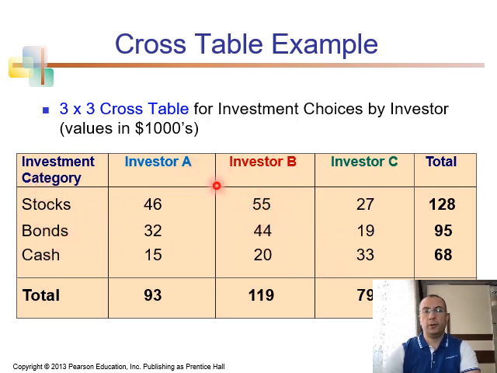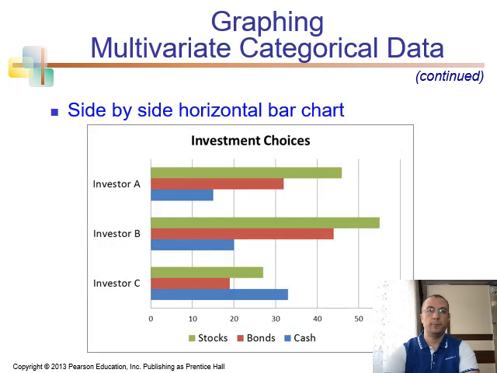And using this categorical data, you can create a cross table. And similarly, from this cross table, we can visualize their investment choice by using a horizontal bar chart.